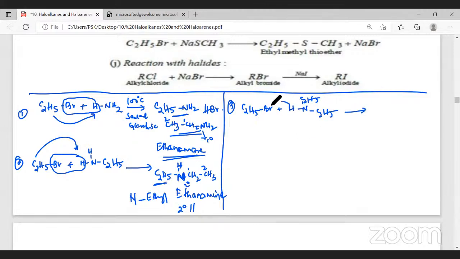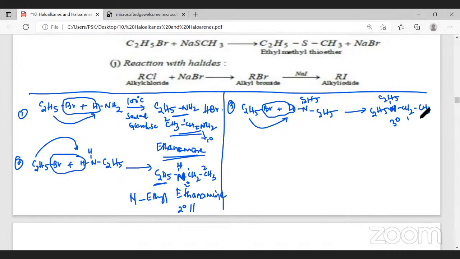What happens now? H and Br get eliminated, in place of H, C2H5. So what do I have now? C2H5, N, C2H5, I have CH2 and CH3. Now, see, this is a nitrogen atom which is bonded to 3 carbons, 1, 2, and 3. This is a tertiary nitrogen atom.